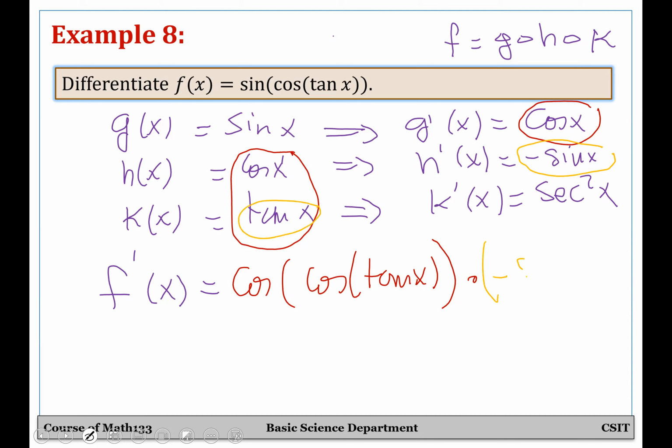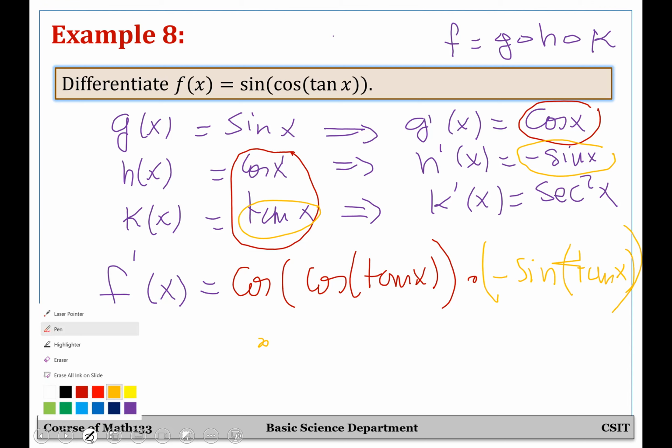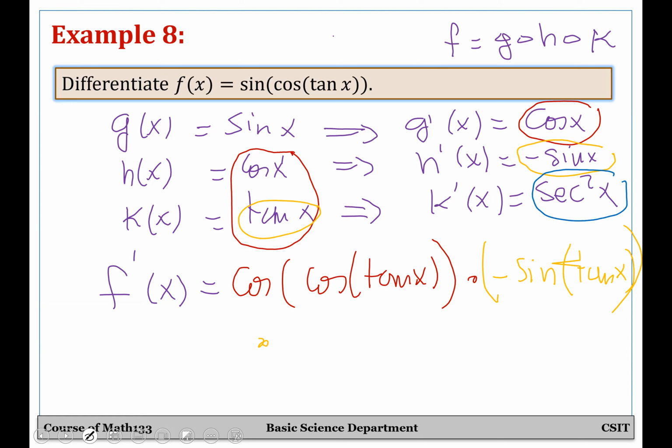So minus sine of tan x, and multiplied by the last one, which is secant squared. So that's the final answer. You can put the minus in the beginning, but it's fine to leave it like that.